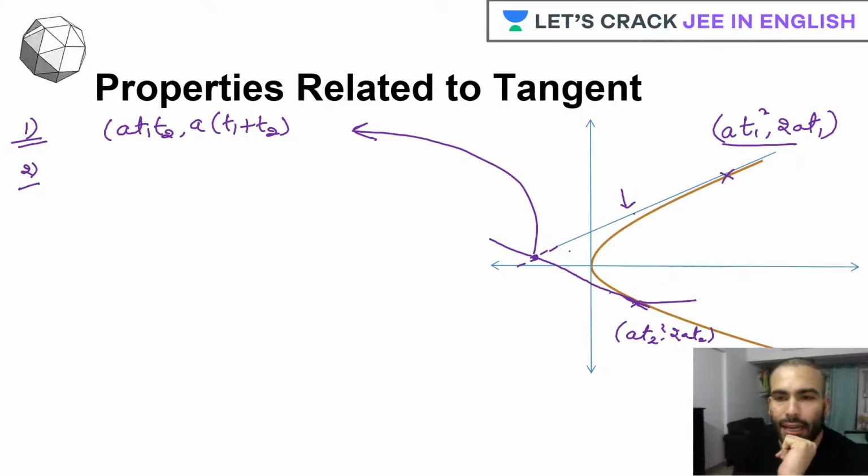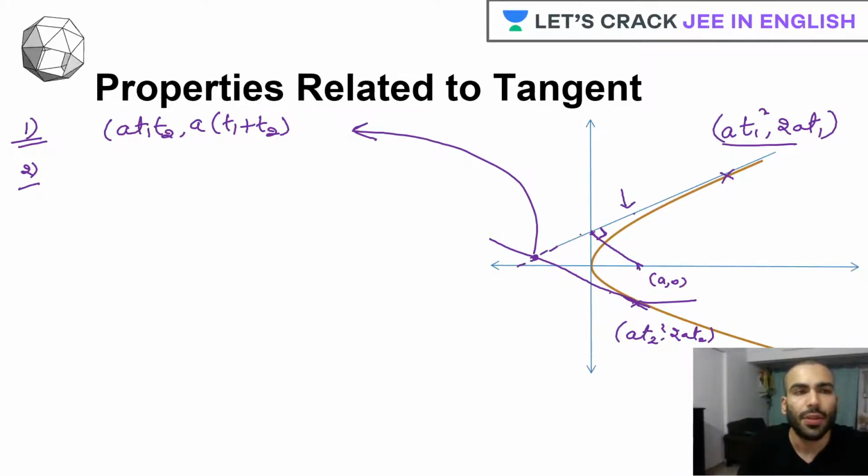The second property is, if you draw a normal from the focus on this tangent, this normal will meet the tangent at the tangent of the vertex of the parabola.